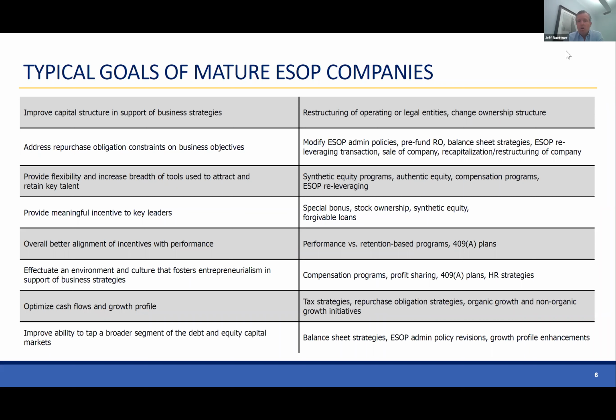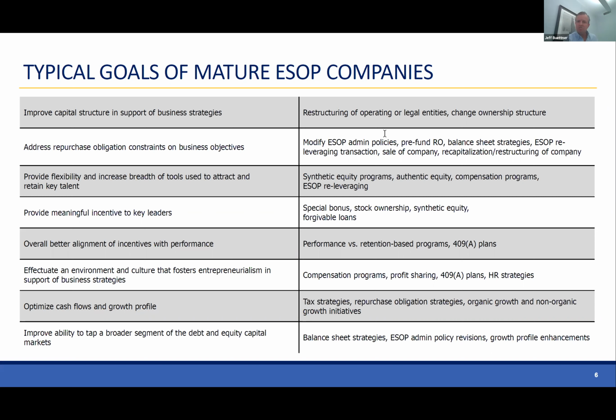Obviously, as companies mature, a company's strategy on a go-forward basis includes acquiring businesses more than it used to. In the first 10 years of the employee ownership cycle, acquisitions really weren't on the radar.